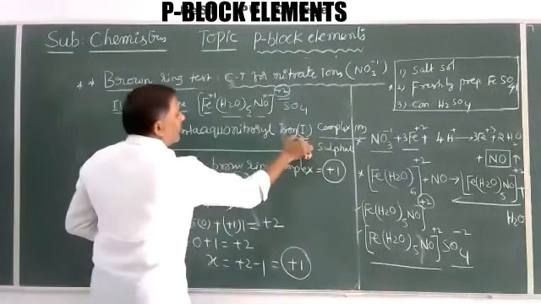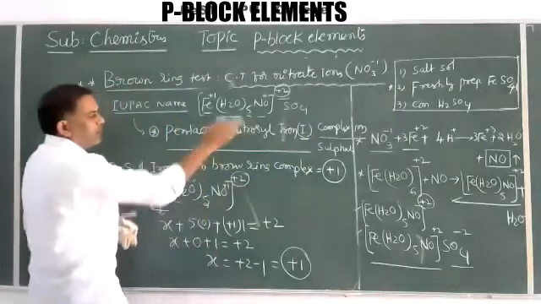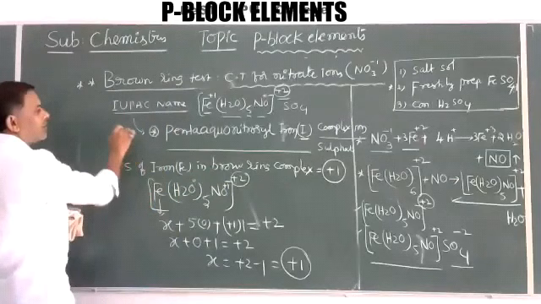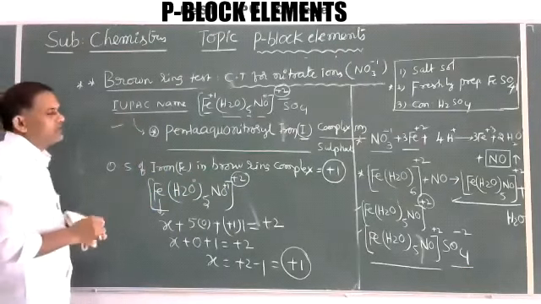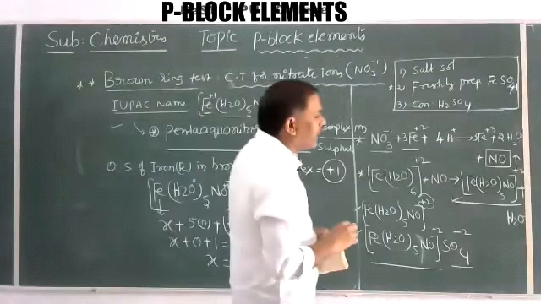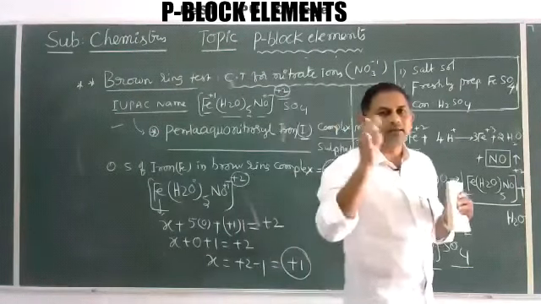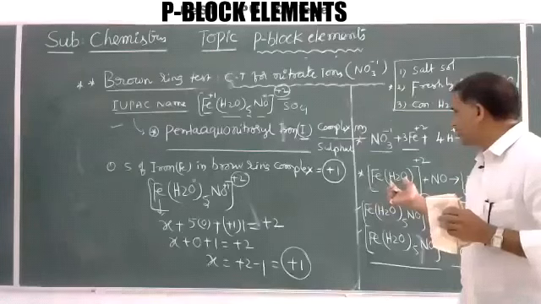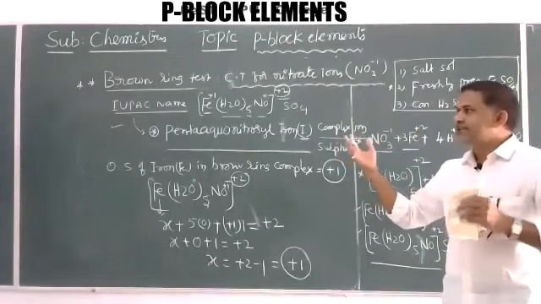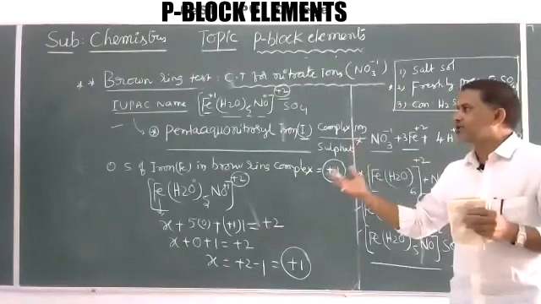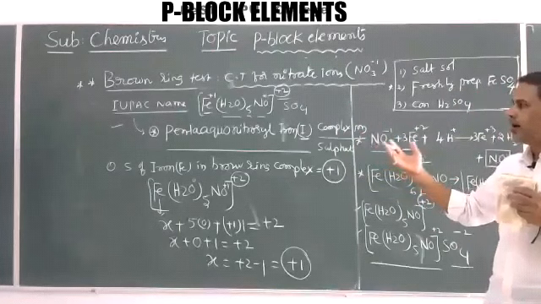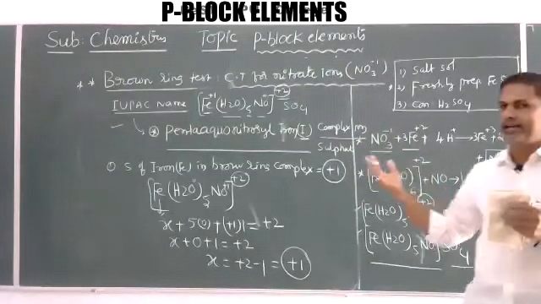We write that in Roman numerals: +1 as Roman numeral I, +2 as Roman numeral II. There is a rule for this, which will be explained clearly in coordination compounds. Okay, this is the brown ring test. In our textbook there is only a theoretical explanation with 2 reactions, but clear information is given on how to identify it, the preliminary identification test, then the confirmatory test, and everything about any objective exam, either CET, NEET or JEE.